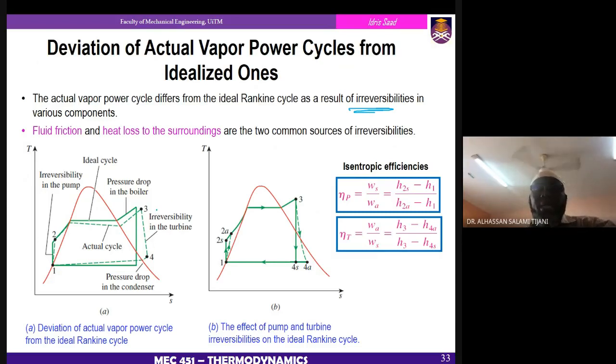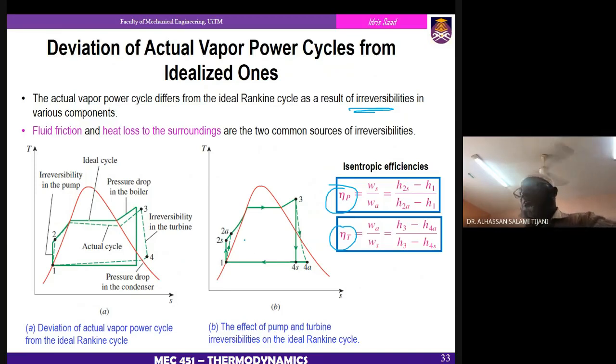When we say irreversibilities, what do we mean? It means there is pressure drop, there are losses because of pressure, there are losses due to friction, and so on and so forth. There are so many agents of irreversibility of a system. But we will focus our attention on the irreversibilities associated with the turbine and the pump.